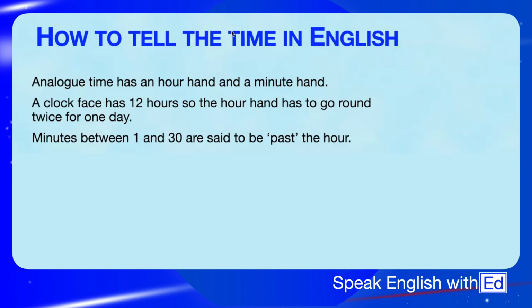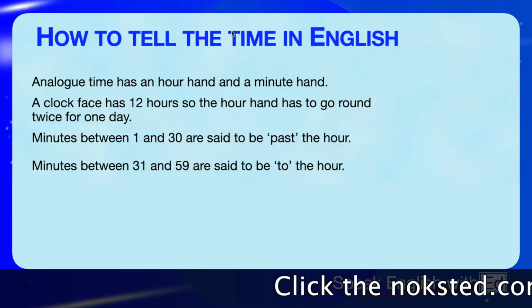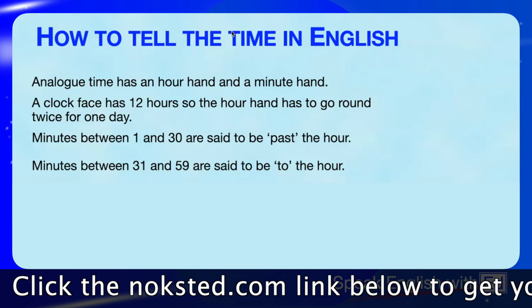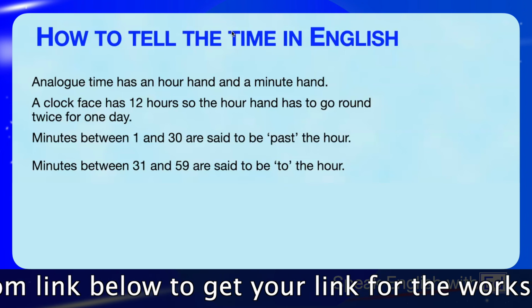Now the number of minutes between 1 and 30 you count past the hour. They've gone past the hour. So 5 past, 10 past, quarter past, 20 past and 25 past and half past are all past the hour. The minutes between 31 and 59 are said to be going towards the hour, but we count them down because there's getting fewer minutes every time.